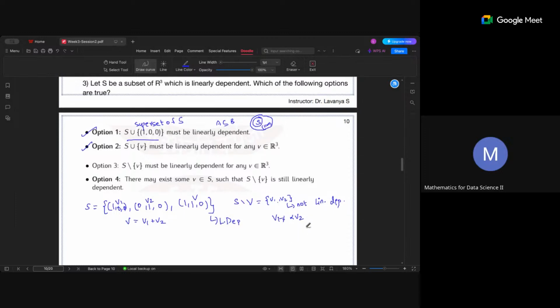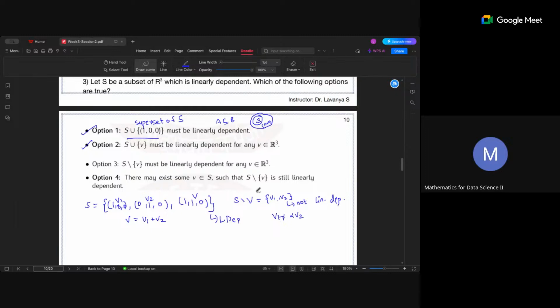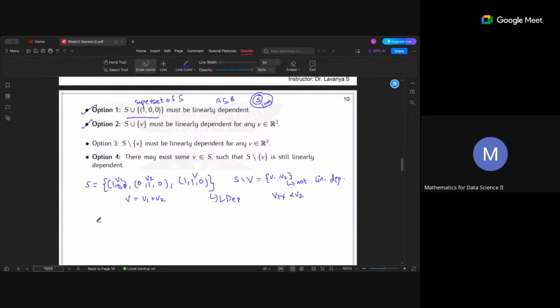So you see that in this case we got a counterexample: S minus V need not be linearly dependent. But what will happen if I take another set? It depends on the particular choice of set you are taking. Suppose I am having 1 1 1, 2 2 2, 3 3 3.